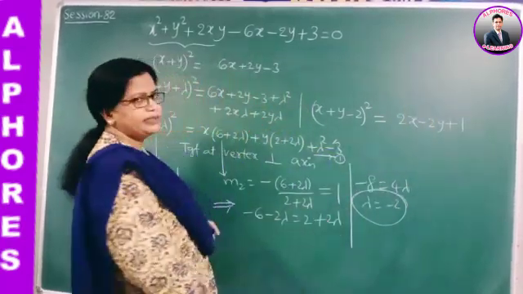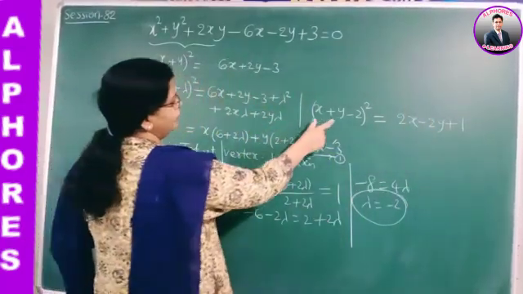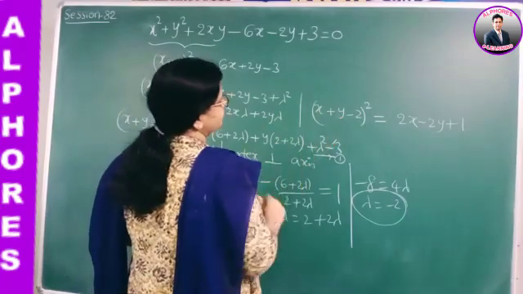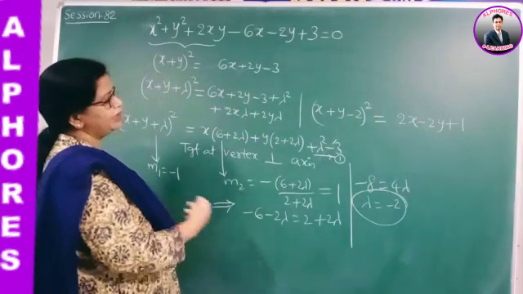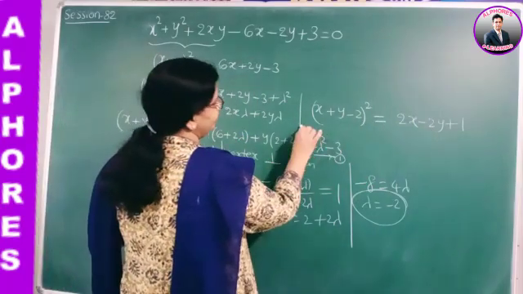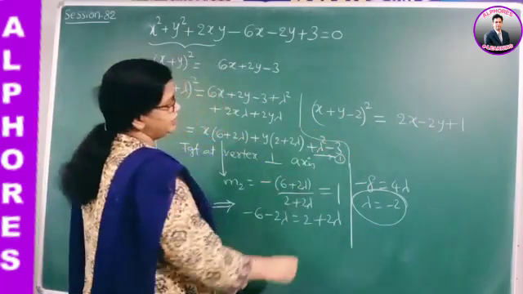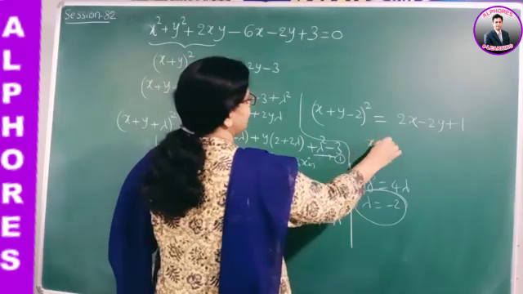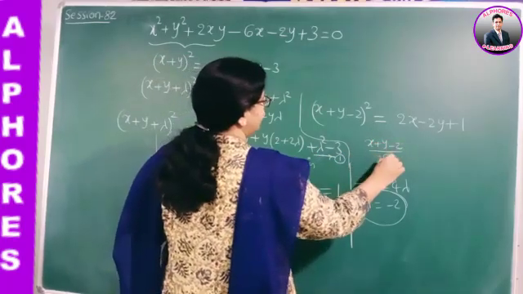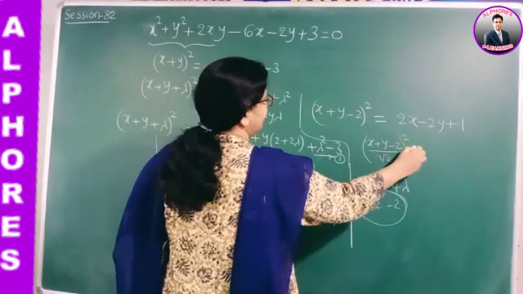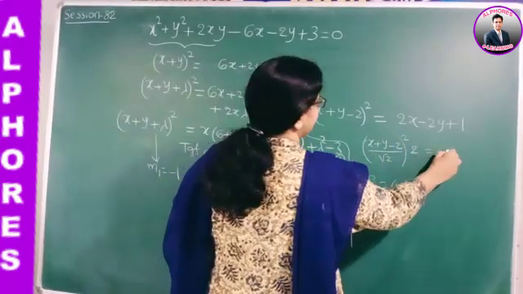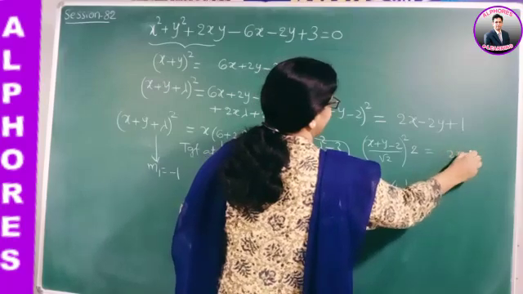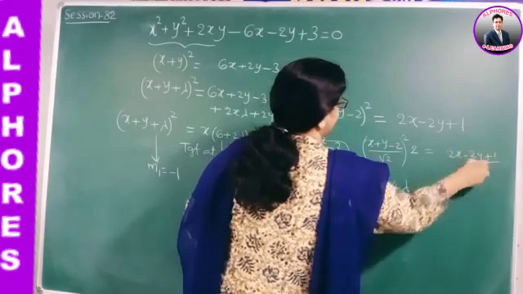So in this way you got it. Now you clearly observe the slope here is minus 1, and this slope is exactly plus 1. Now as we have done in the previous problem, using modifications, that is ((x plus y minus 2) divided by root 2) whole square, into how much do we have to write? Equal to 2, and this side it is (2x minus 2y plus 1) divided by, what is the denominator here?